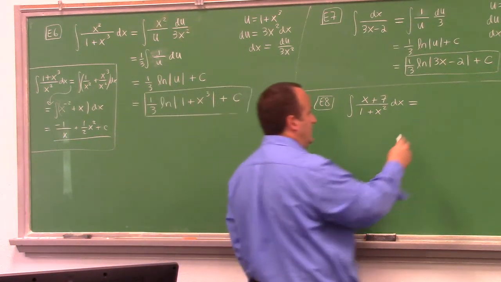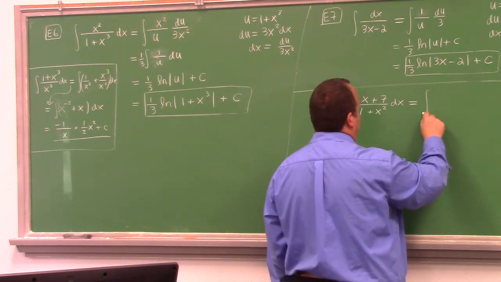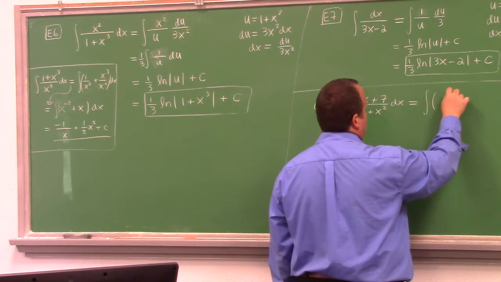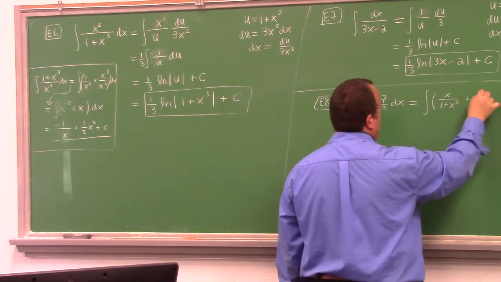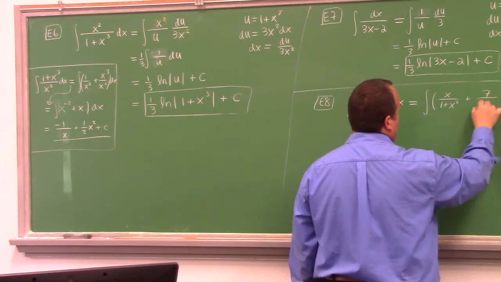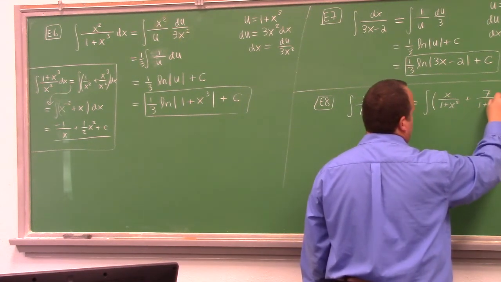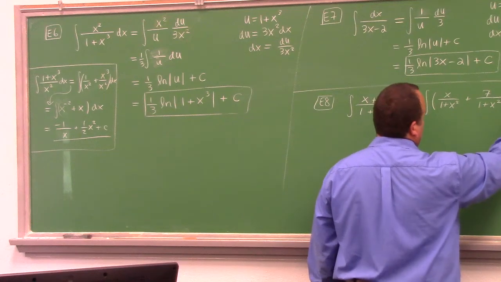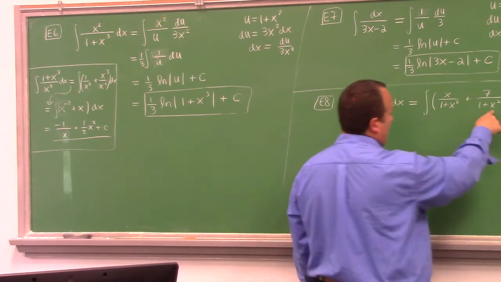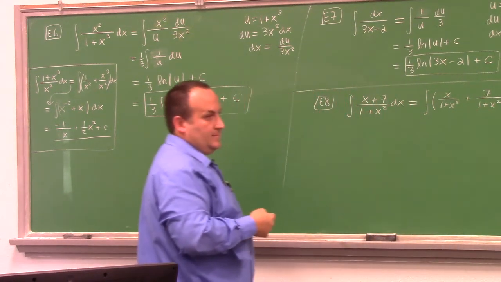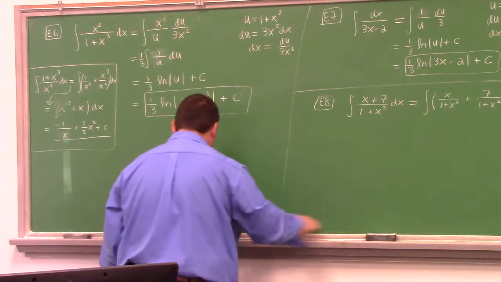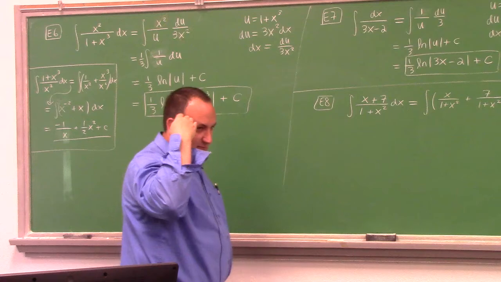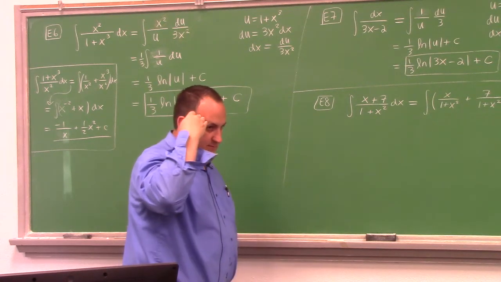So I would look at this like this. This is the integral of x over 1 plus x squared plus 7 over 1 plus x squared. And the reason I would do that is because this I know how to integrate. So here's my thought process as a student in your position, all right?